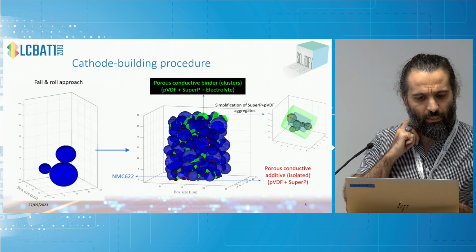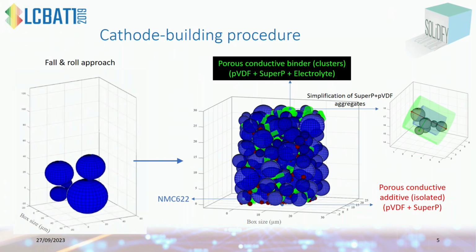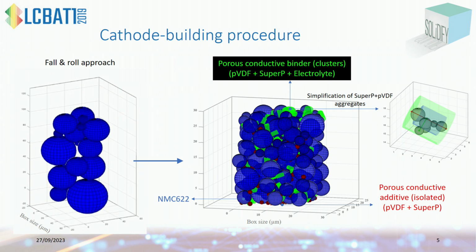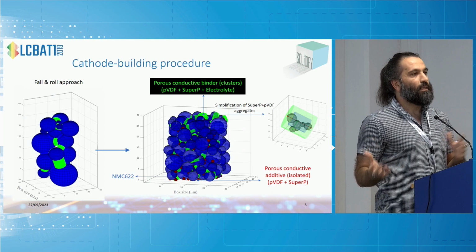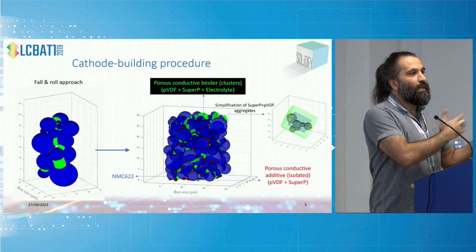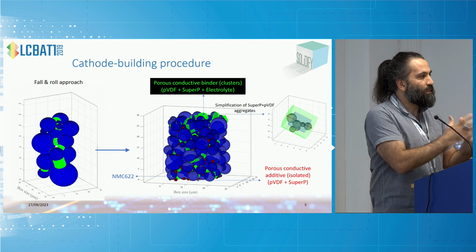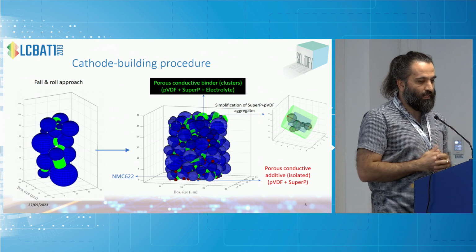So one of the ways to define microstructure, the technique that they use, is the fall and roll approach. Try to reconstruct the microstructure of the porous electrode, and then validate that directly or indirectly with some experiments, how representative that microstructure really is.